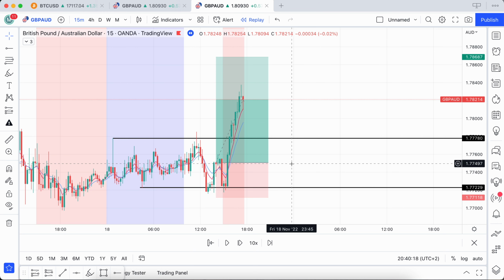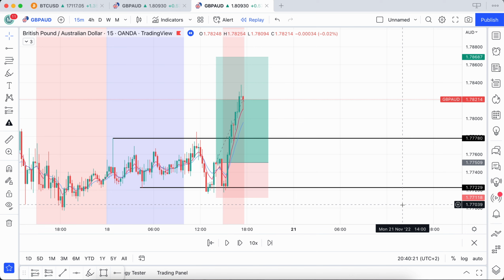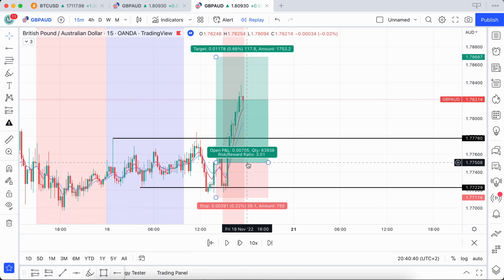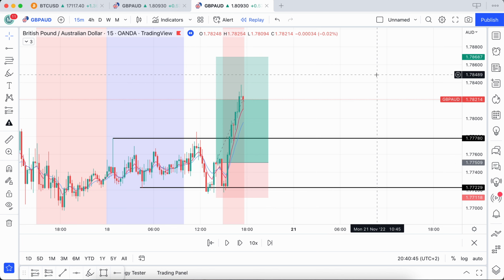Meaning that on your broker, you can change your stop loss price to just a few pips above your entry price, just to cover the spread. So you're basically risk free. The worst case scenario, if the market decides to reverse now without fulfilling our take profit, you will be out at break even, so no loss for you. This is something you can do in terms of the management.